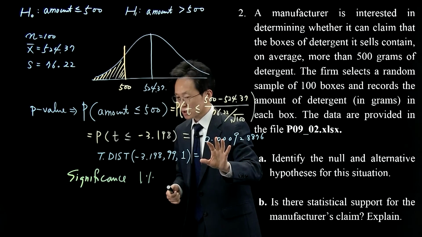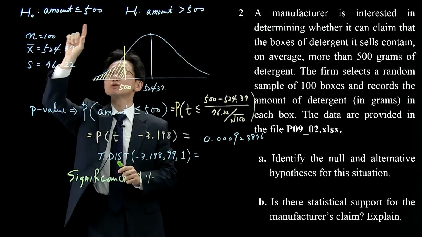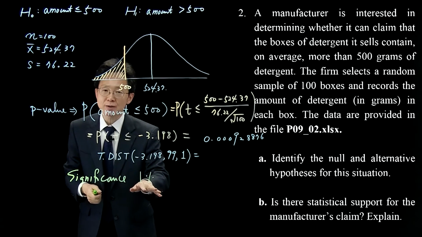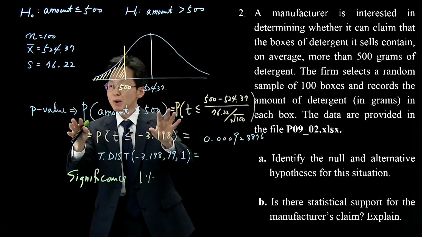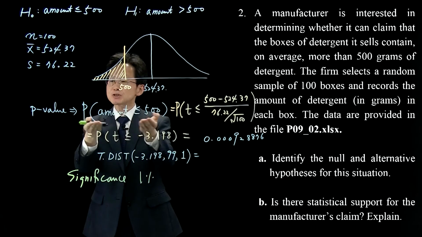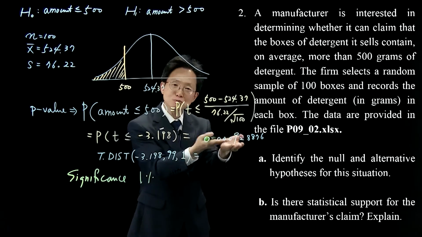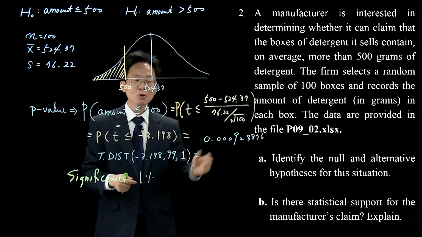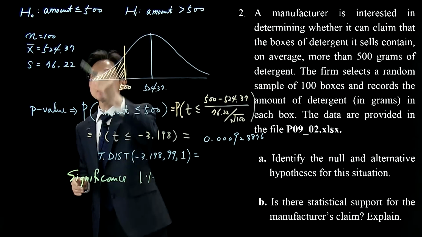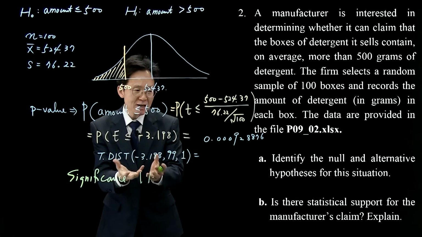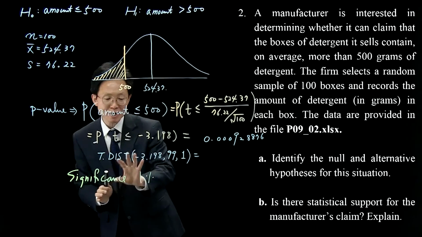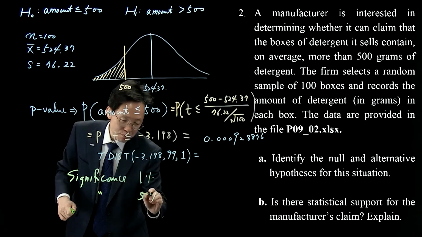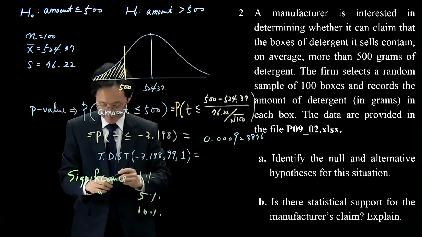So I want to reject this null hypothesis at the significance level of 1%, because the probability that the null hypothesis is correct, the p-value, is so small, much smaller than 1%. So I want to reject the null hypothesis. Because I reject the null hypothesis even at the 1% significance level, I can reject at 5% and 10% as well.